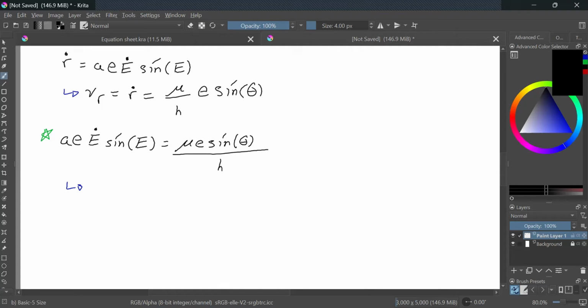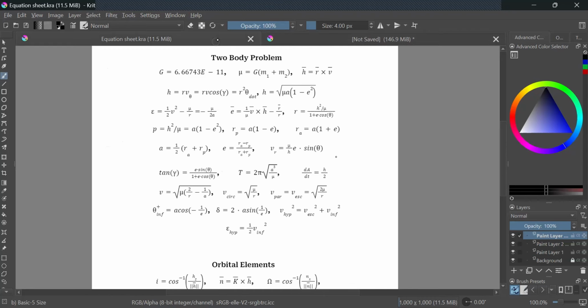Let's start by focusing on our angular momentum, because we have a's, e's, mu's, and then we have this h, and that h can be expressed in terms of, let me find it. There it is. In terms of mu's, a's, and e's.